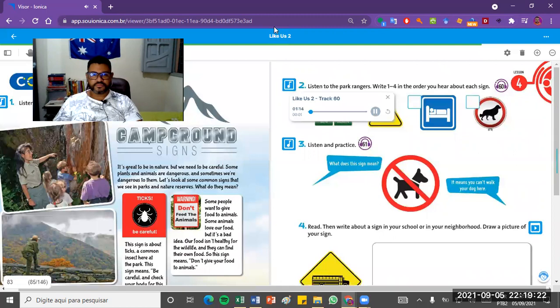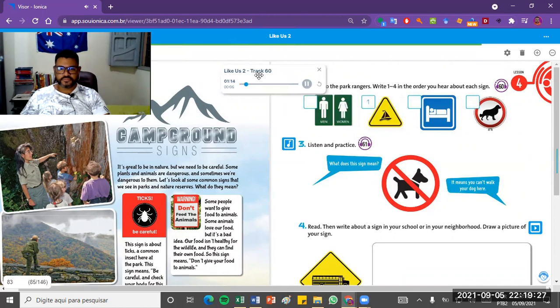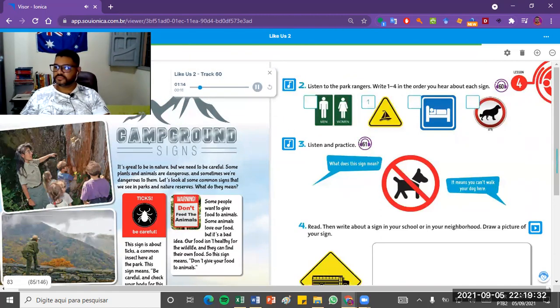Unit 7, Lesson 4, Track 60. 1. There are lots of other signs in our park. Here's one. It has a picture of a boat on water. It means that you can use a boat here. There are places, of course, where you can't use a boat. But this sign means that it's okay to use a boat. 2. Then there's this sign. In some parts of the park, you cannot take your dog.